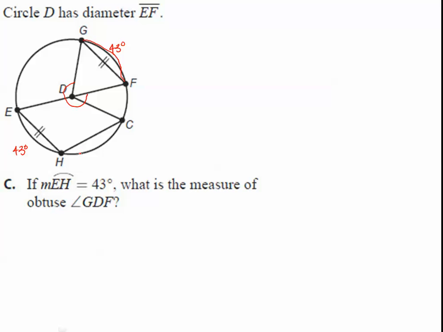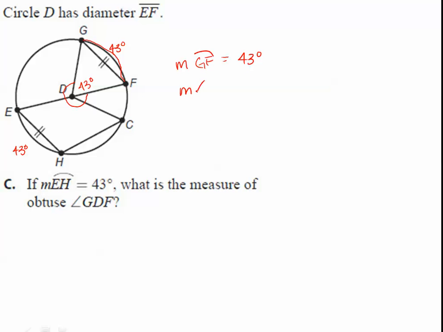Okay, therefore the measure of arc GF equals 43 degrees, which means that the measure of the acute angle GDF is also 43 degrees.